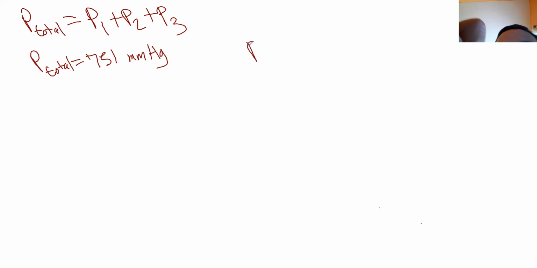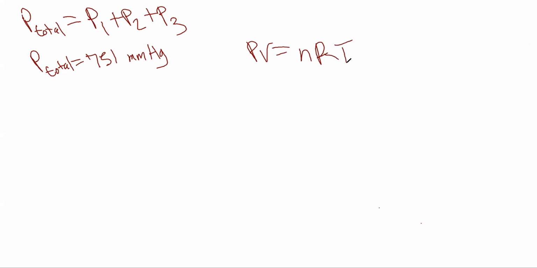Right? So we have PV is equal to nRT. And so we want to go ahead and attach our volumes to our pressures. So if all of these gases are at the same pressure, R, and temperature, we kind of can tell that our volume of our CO2 should be related to its pressure of its CO2.